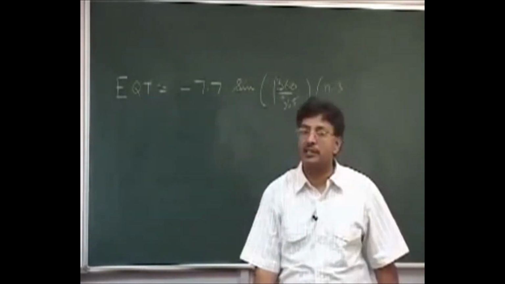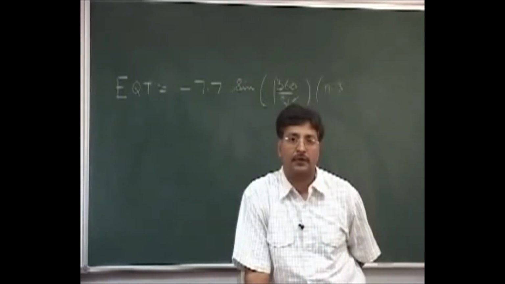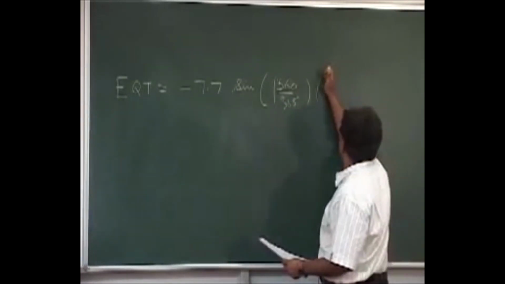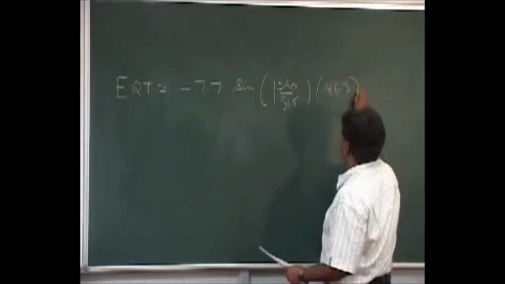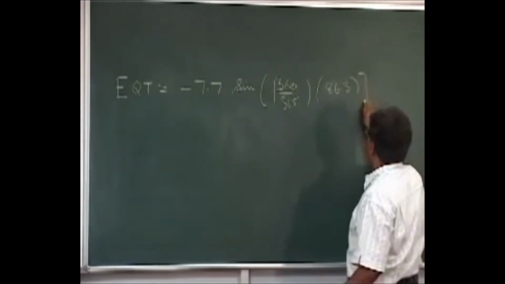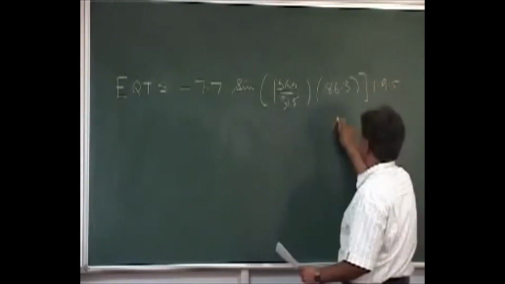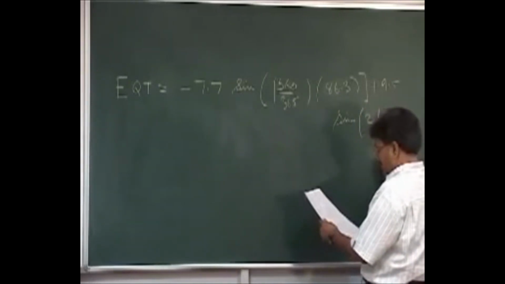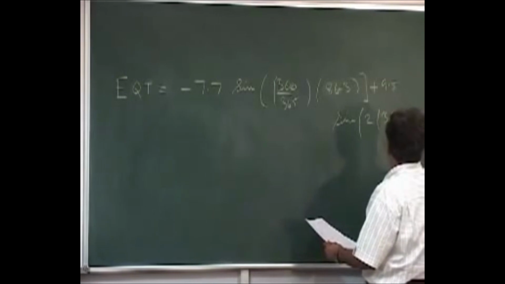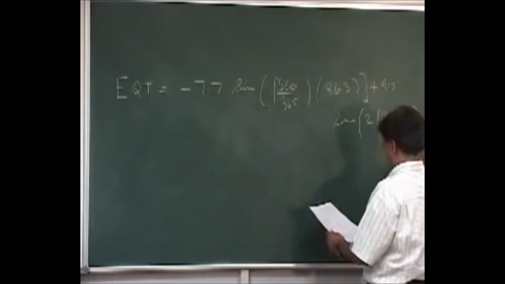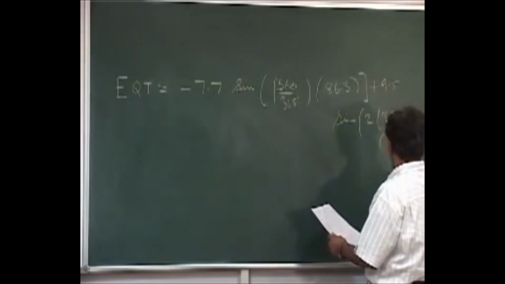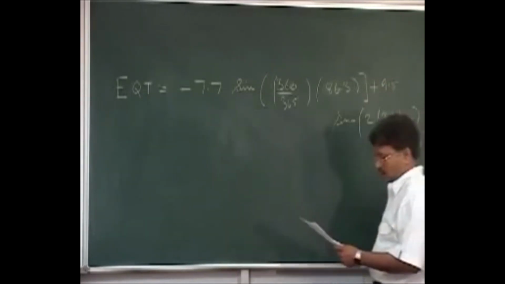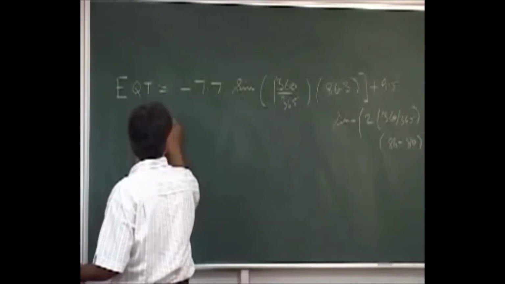Because I am finding out for 27 March, it is 86. So we write 86 minus 3, plus 9.5 sine 2 times 360 divided by 365, times 86 minus 80, and that came out to be a very small number.